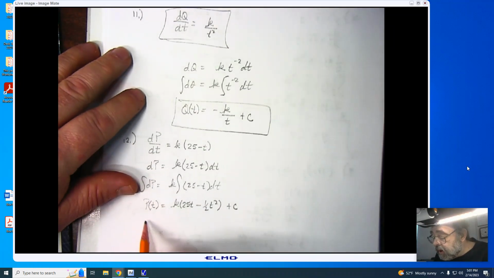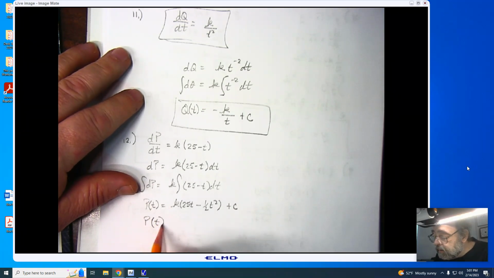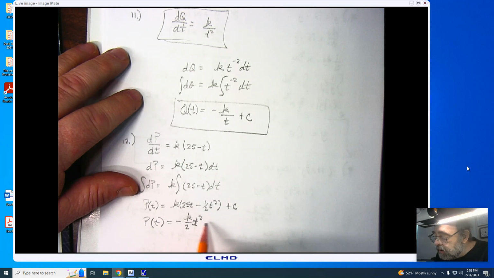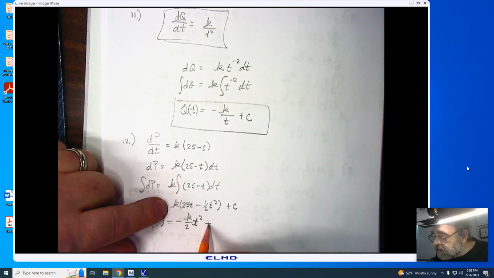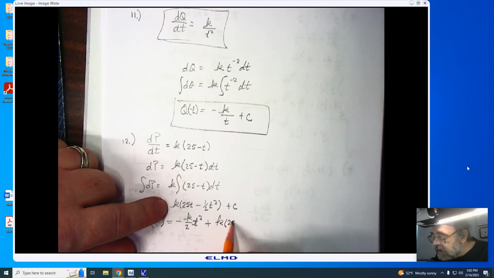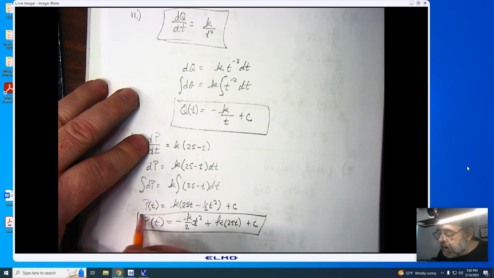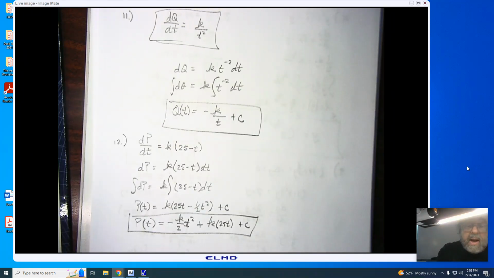And let's just go ahead and call it p of t. And I have that equal to negative k over 2 t squared plus k times 25t plus c. And there's number 12.